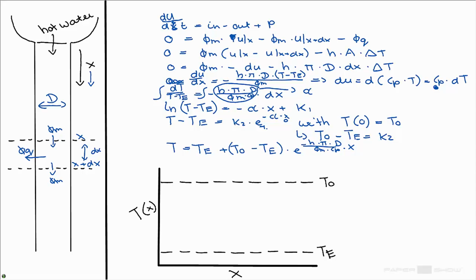And you are asked to draw a correct graph, and as you can see, if x is 0, then this becomes 1, and this is what we are left with. So then only T0 is left. So we have to start right here.